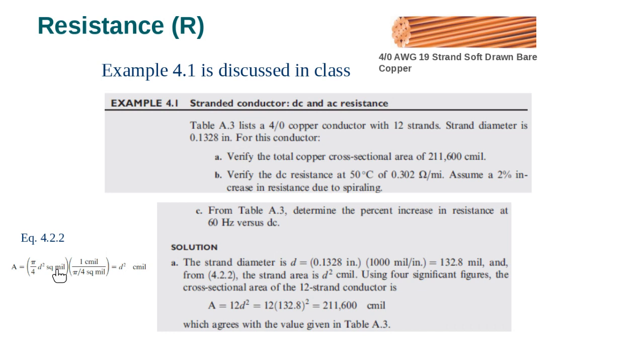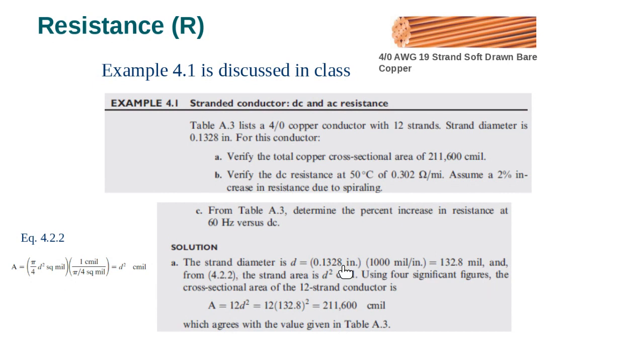So to verify the cover: pi over 4 d squared mil. So area equals 12 strands times d squared. This d is 132.8, squared. 12 times 132.8 squared gives you the circular mil.